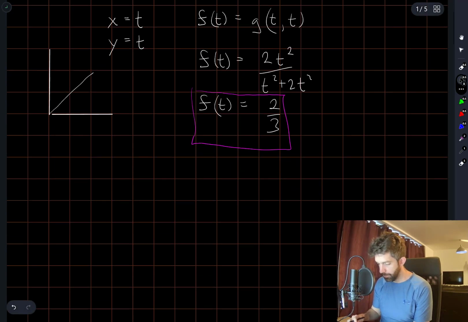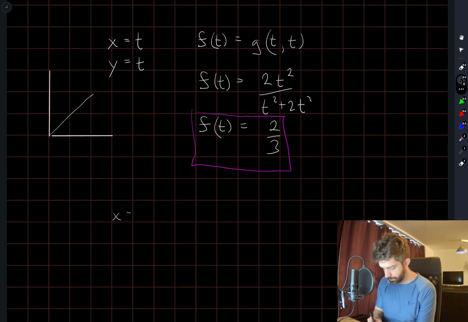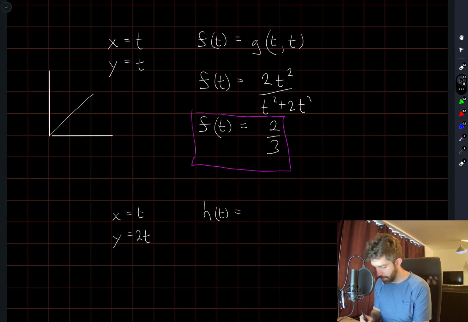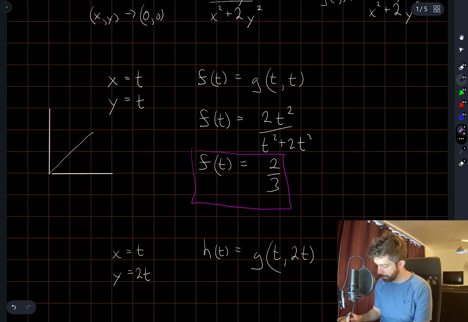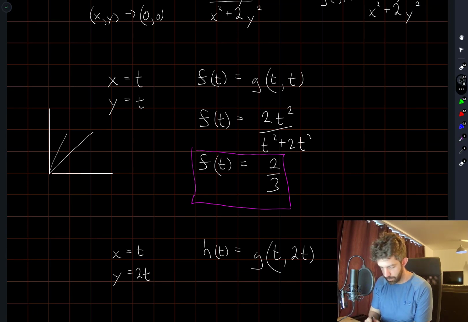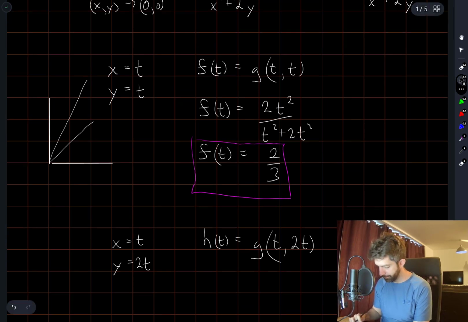And now I'll define another curve and also another function. So now we'll evaluate the function at t and 2t. So this is like approaching the origin along this line.